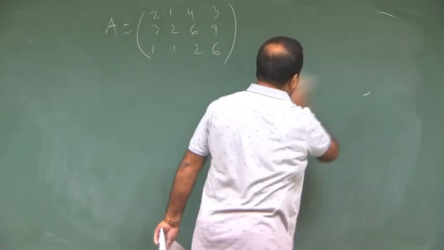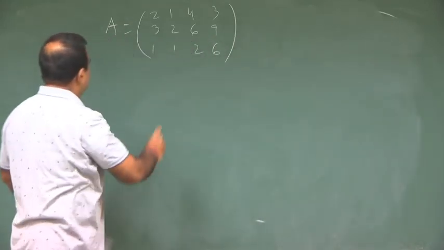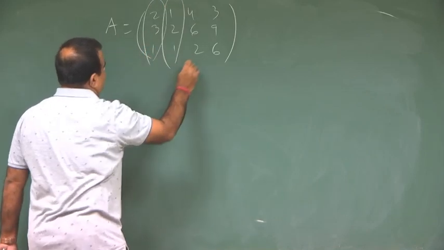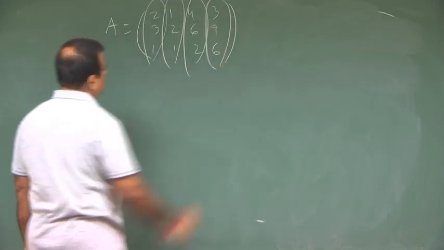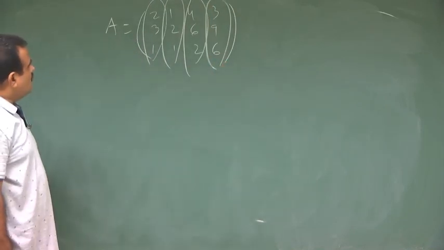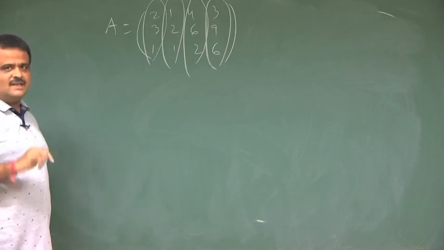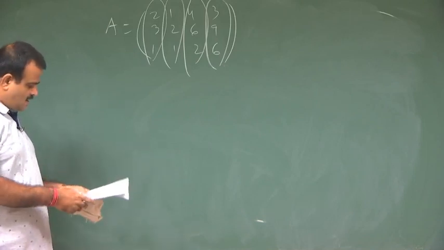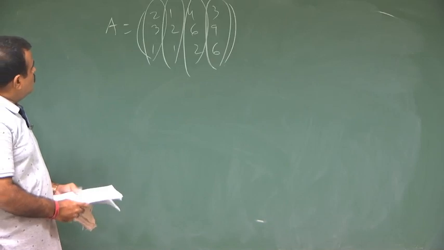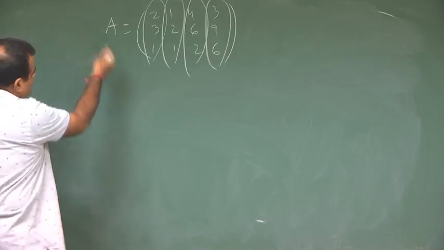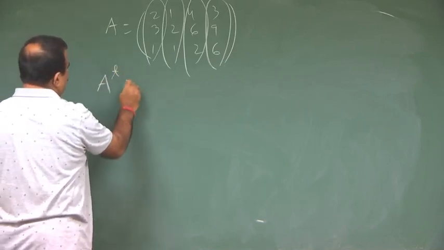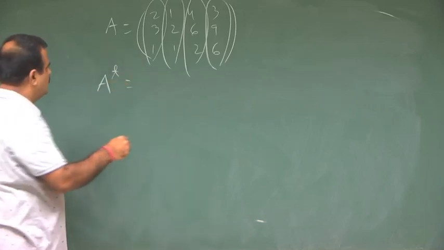Now, to get the column rank, what do we do? This is a first column, second column, like this. So, for the column we have to take the transpose. Instead of doing that, we can take the transpose of this matrix, then the corresponding rows will become the columns.